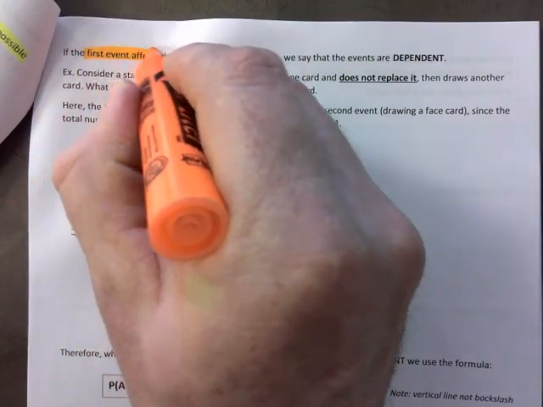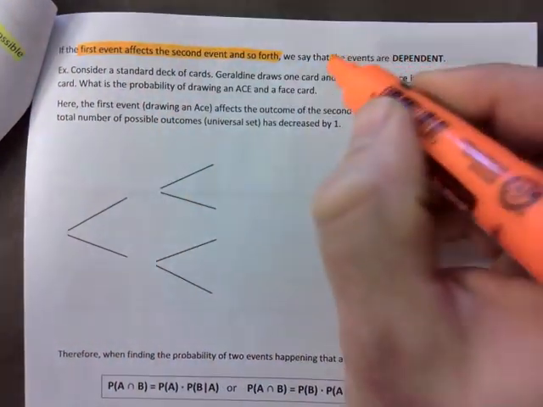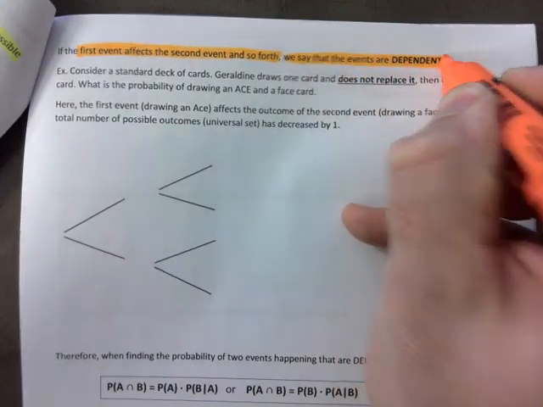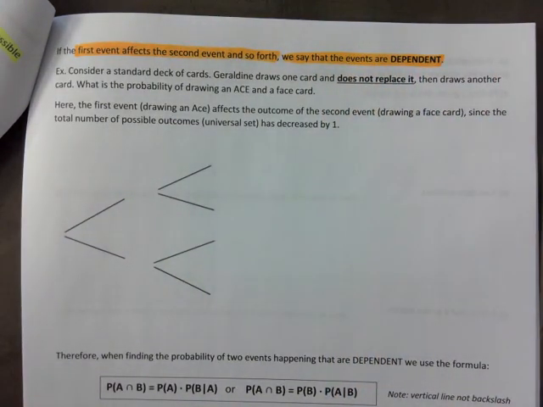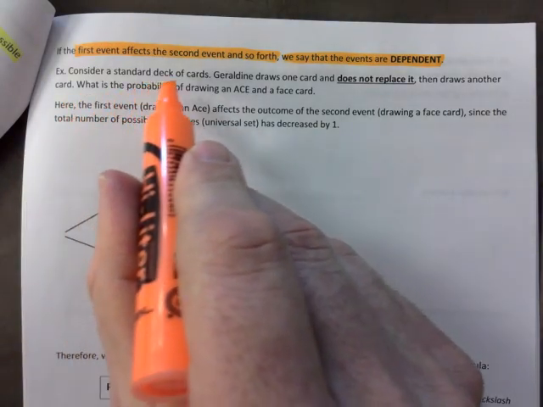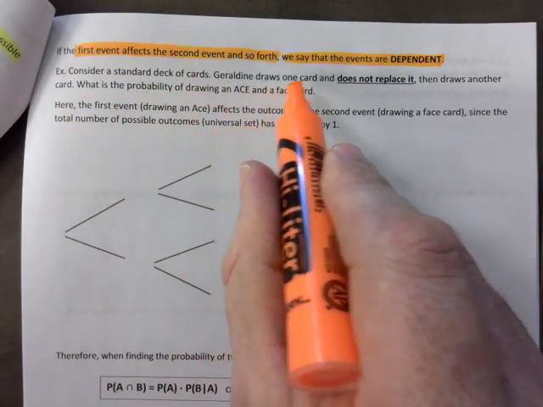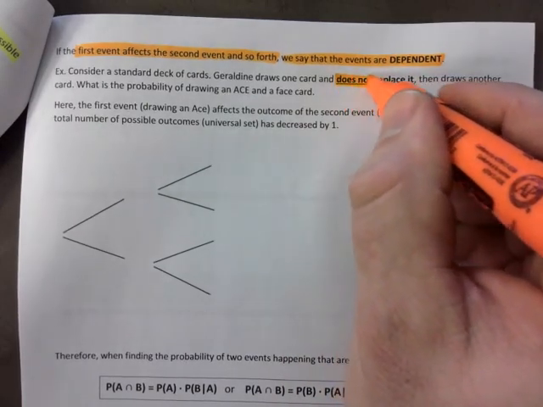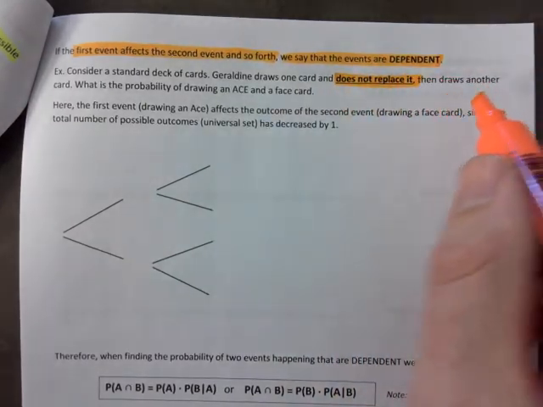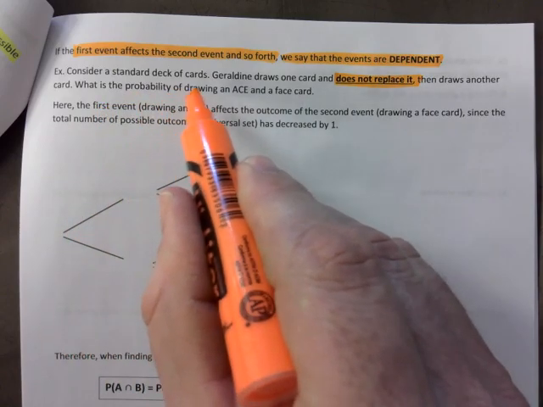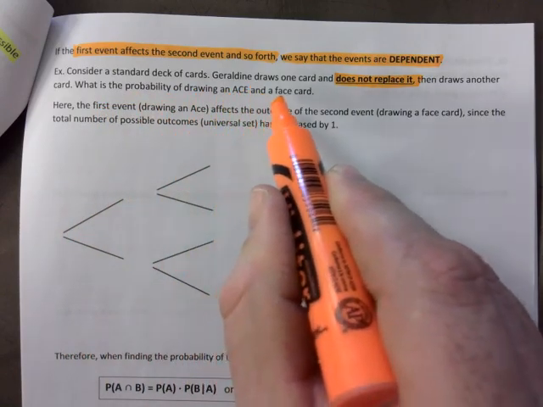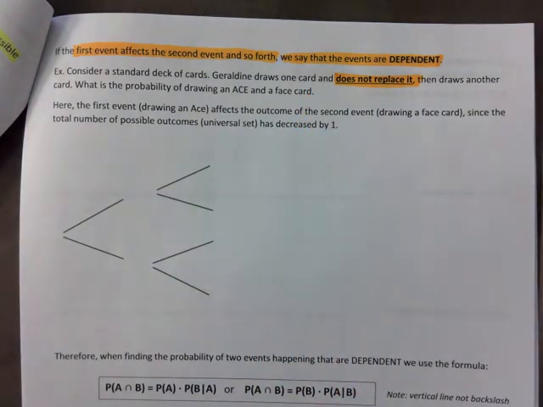If the first event affects the second event and so forth, we can say that the events are dependent. Consider a deck of cards. Geraldine draws one card and does not replace it, then draws another card. What's the probability of drawing an ace and then a face? So we want an ace card and then a face. How's that going to change things?